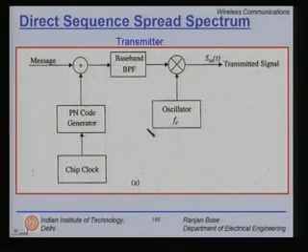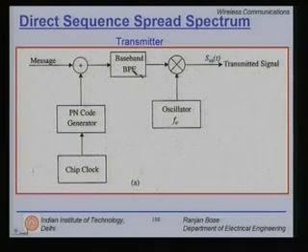Now, let us look at the block diagram of the transmitter for the case of direct sequence spread spectrum. Suppose I get a message m(t), clearly it is bipolar, switching between +1 and -1. And then you have a pseudo random noise code generator, PN code generator, and a chip clock which makes it run.